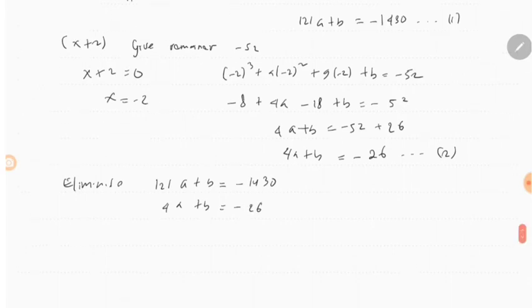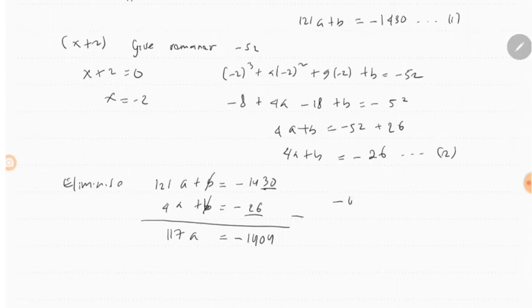Since the b's are the same, we just subtract, so we cancel b. So 121a minus 4a gives 117a, and on the right side, negative 1430 minus negative 26 means you add 26.